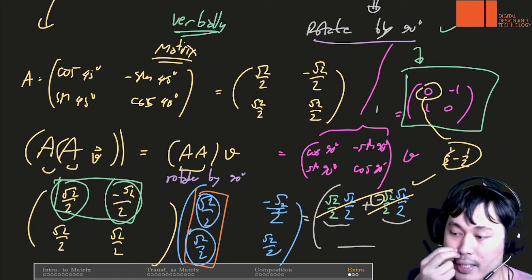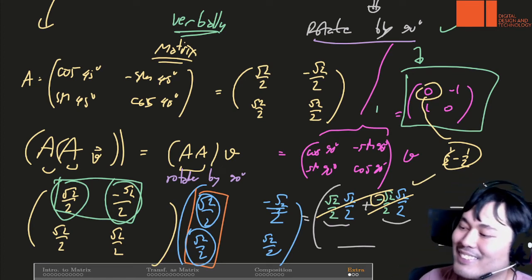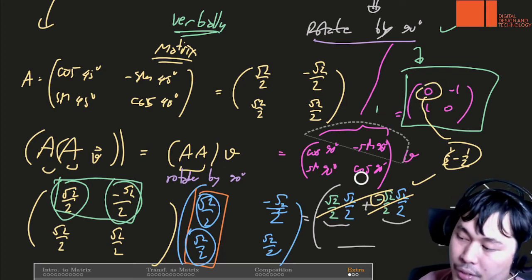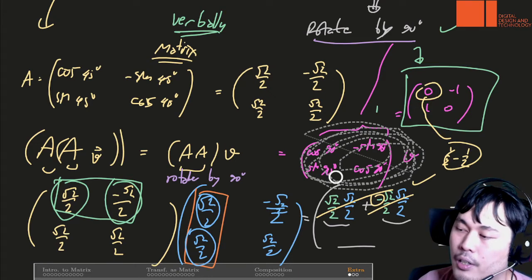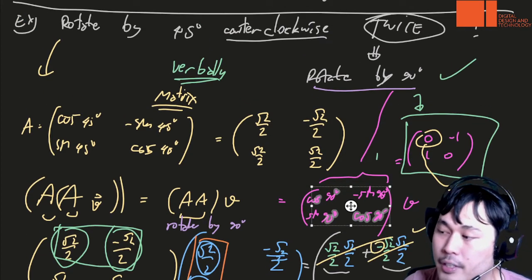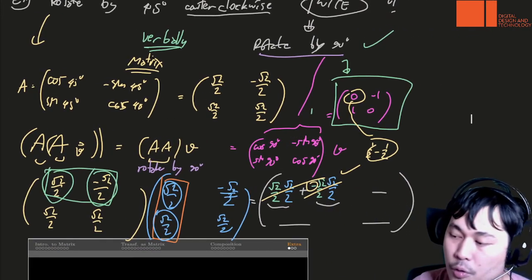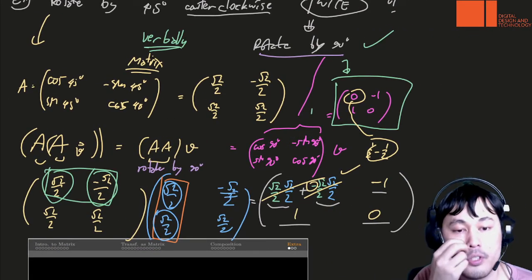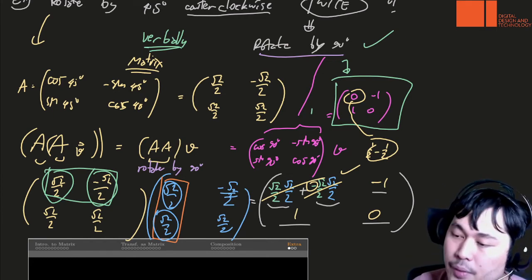So it seems like we are on the right track. The first entry is indeed 0, which agrees with the result that we are looking for on the right. That's the first entry, and if you repeat with the rest of the matrix, then you should get this matrix.